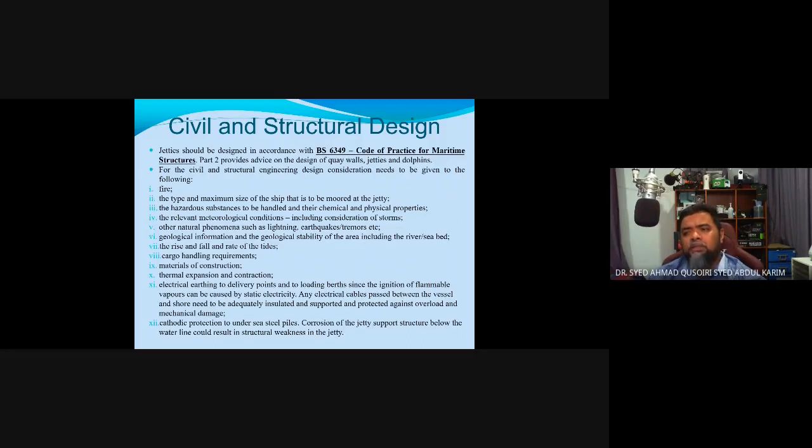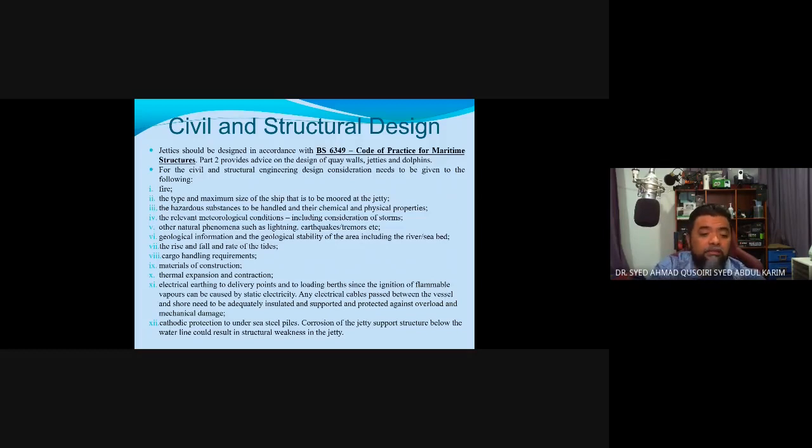Because jetties are long, they will be exposed to heat from the sun as well as rain. So the material of the jetty will expand and contract just like any other civil engineering structures. So this needs to be taken into consideration.